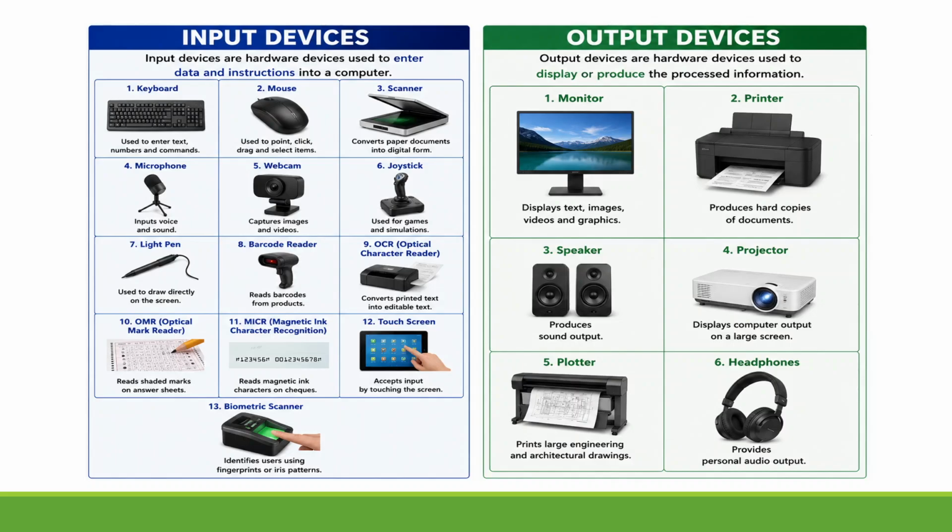And one more is OCR, optical character reader. If you want to convert printed text into editable text, suppose you have a printed hard copy, then you can convert it into editable format. In that situation we can use one more input device, that's OCR.